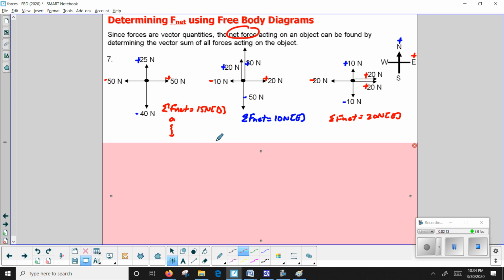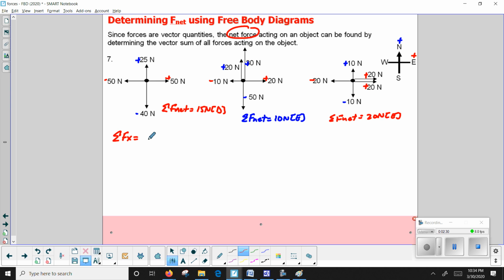Well, what did we really do? What we really did behind the scenes was the following. When you're looking at the totals, you looked at the totals in the horizontal, the x. So here they would be 50 newtons and negative 50 newtons, which would be 0.